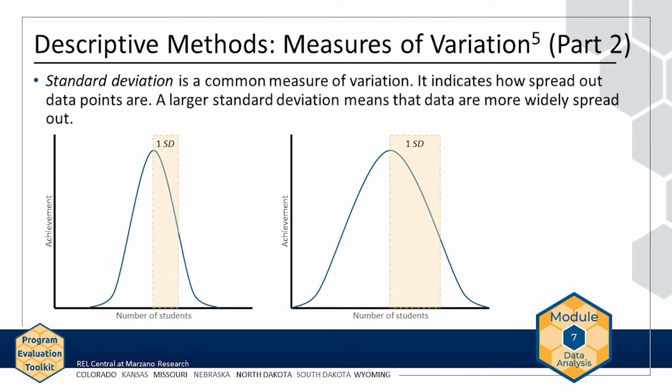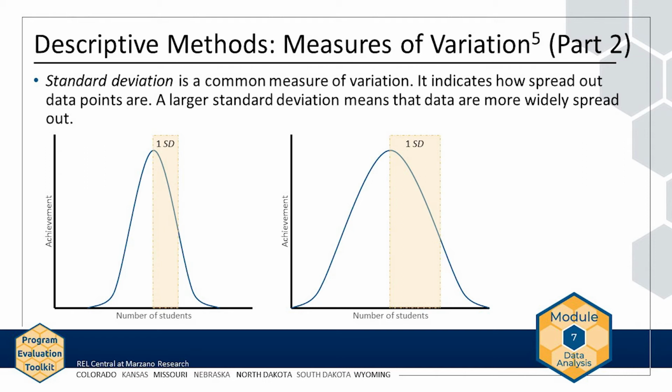One common measure of variation, called standard deviation, indicates how spread out data points are by describing how far the data are from the mean. A larger standard deviation means that data are further from the mean or more widely spread out.